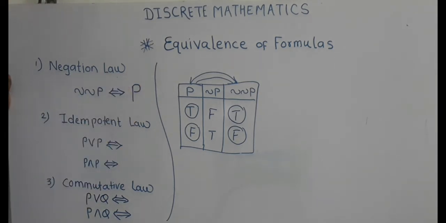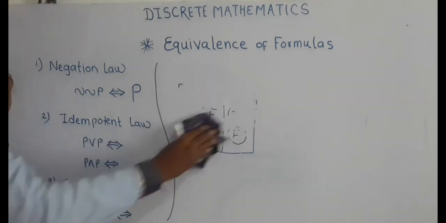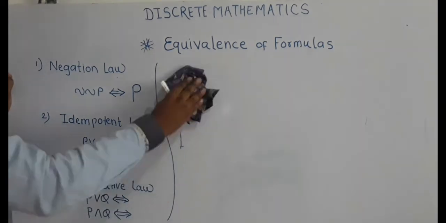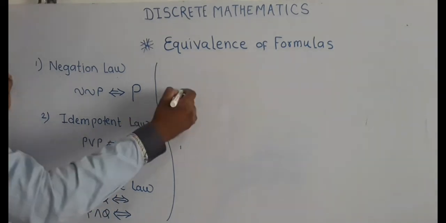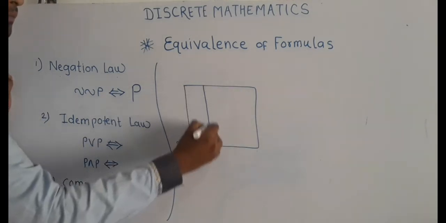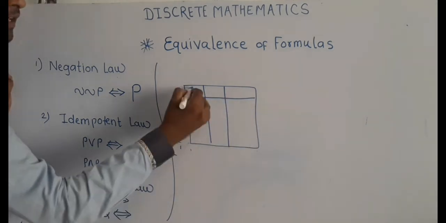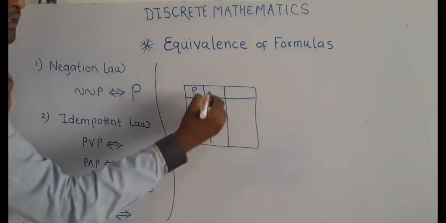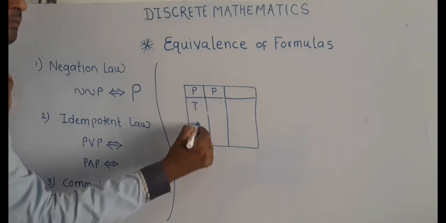That's the first. Now we have the second, the idempotent law. It says that P or P, and P and P, meaning an OR or AND operation of a variable with itself, is logically equivalent to P. Suppose again we have a truth table for P. If we have the variable P, then the second variable is also P. P may be true, P may be false.